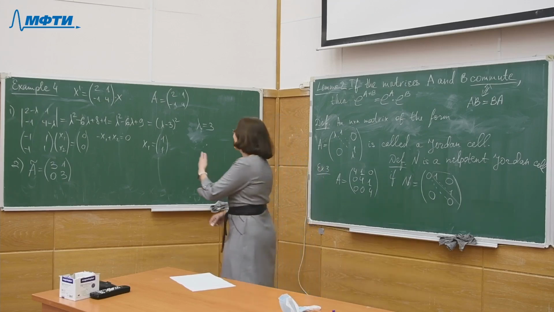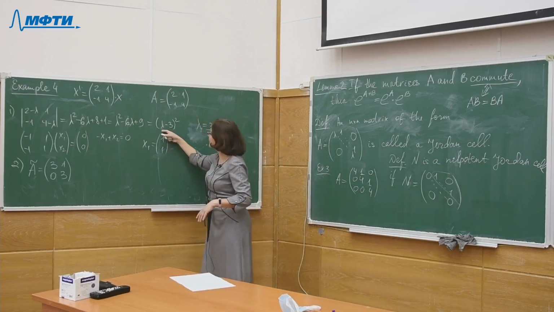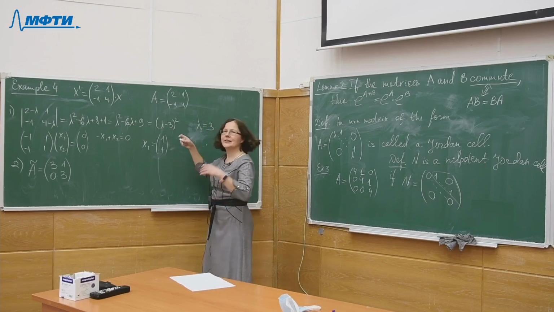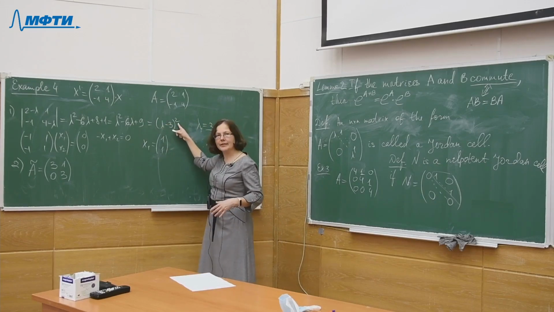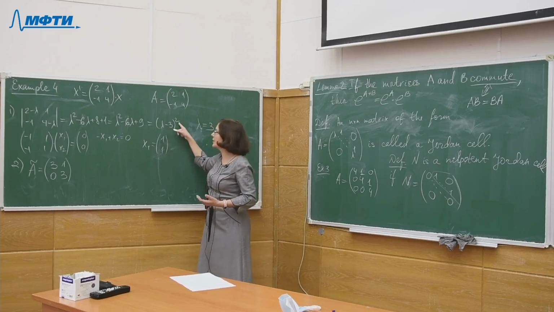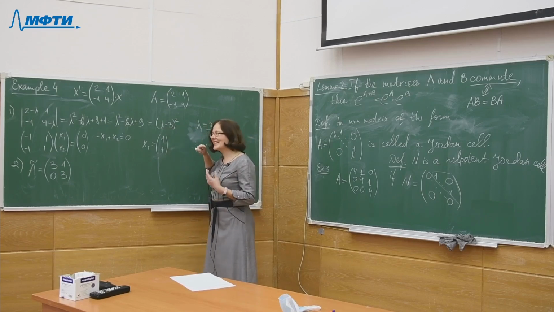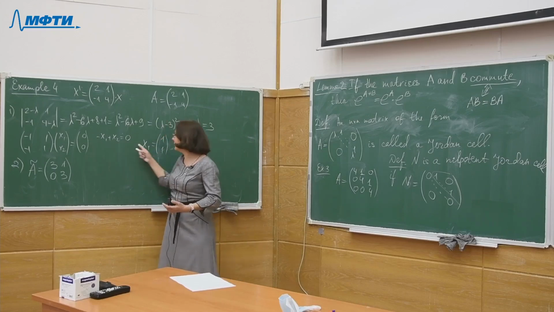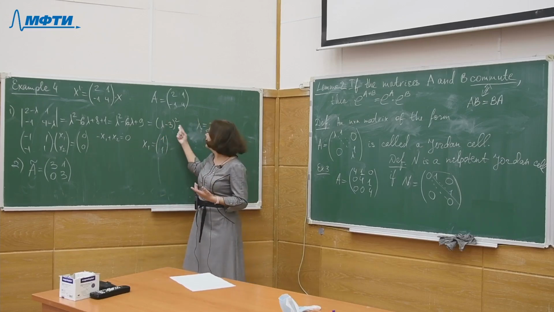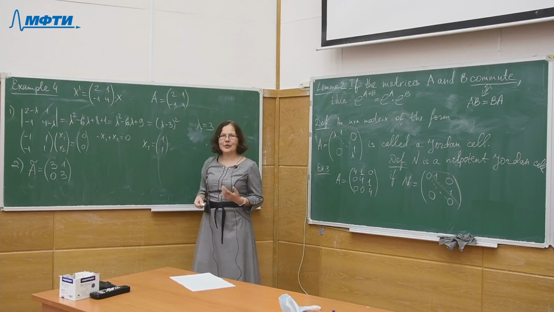The algebraic multiplicity of the root, which means that we have lambda minus 3 squared, is 2, greater than the geometric multiplicity. Geometric multiplicity means that we have just one eigenvector for this eigenvalue. So this guarantees that we have a Jordan cell.